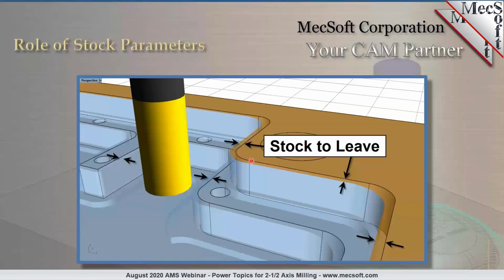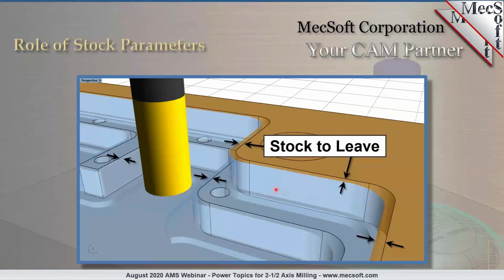In 2-axis or 2.5-axis milling, we do not specify a floor stock because the Z, the total depth, is controlled in your cut levels as you specify the depth per cut and the total cut depth. The stock parameters you specify in the global parameters are the amount of stock you'd like to leave in X and Y, or stay away from the side walls.